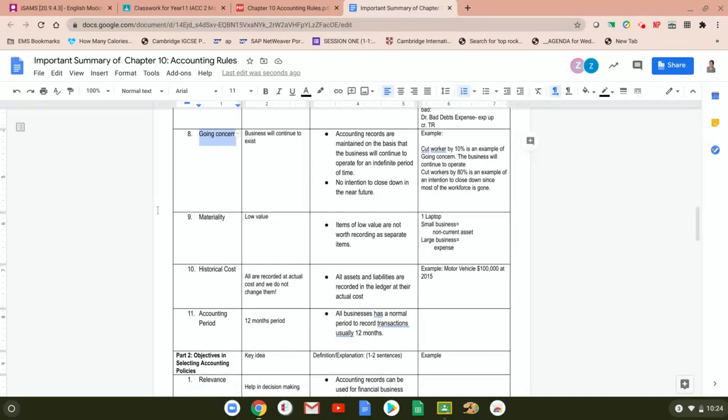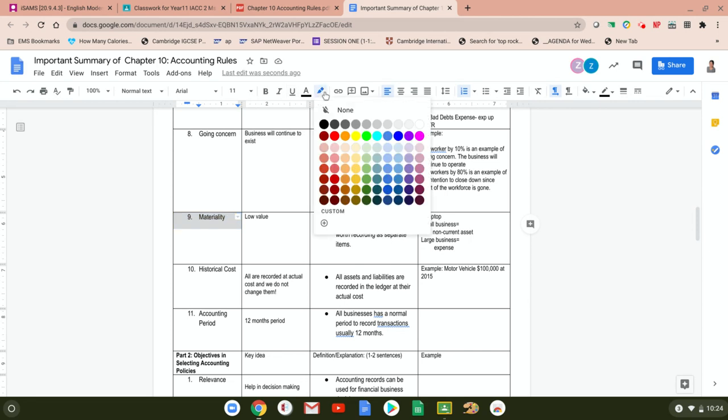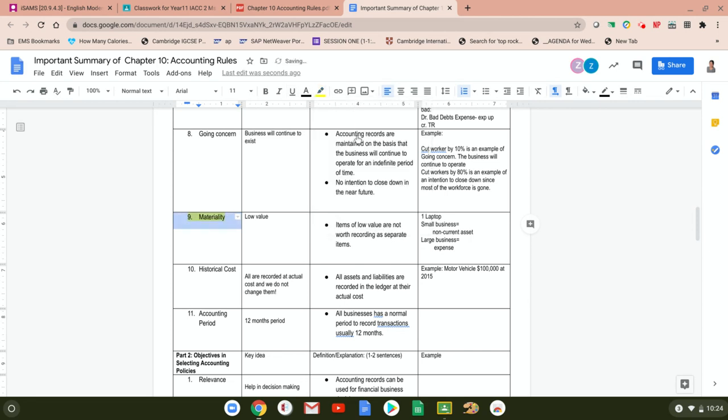All right, last three. Materiality is another principle. It simply means that items of low value are not worth recording separately. So let's say you have a small business, you have one laptop. Do you think it's worth recording separately? Yes.